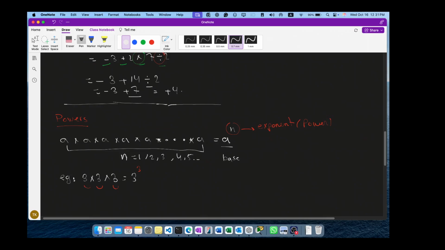Another example: 4 times 4 times 4 times 4 times 4 equals. How many 4's do we have here? I will keep the base itself. 1, 2, 3, 4, 5. I will have 4 to the power 5.